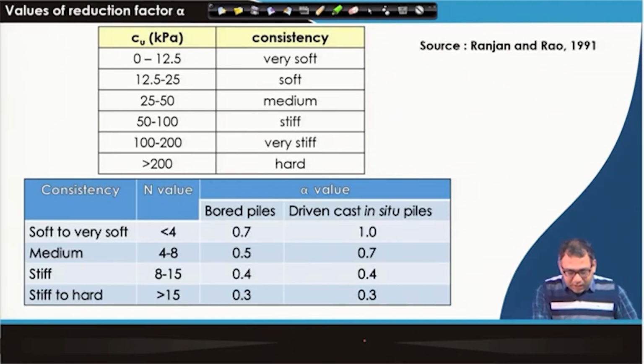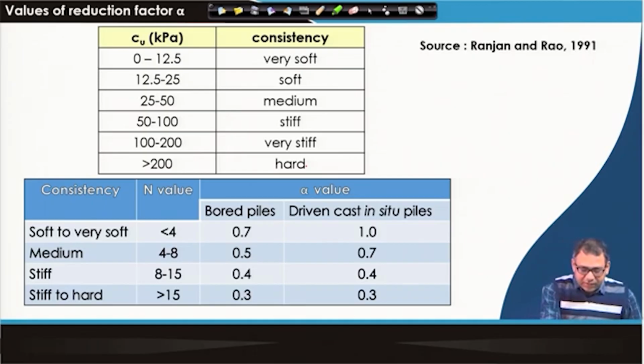So, again, how will we calculate the adhesion factor? The values are given here. For soft to very soft clay, the adhesion factor for a bored pile is 0.7 and for a driven pile is 1. For stiff to hard soil, the bored pile is 0.9, and for the driven pile it is 0.3.